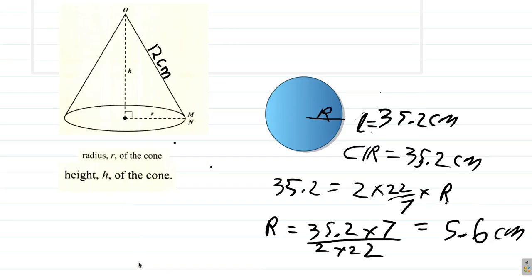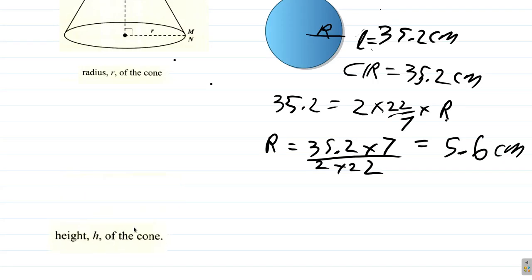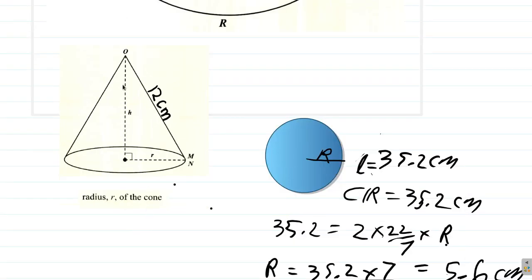Alright, so let's drag this height down. The height of the cone. Well, guess what? This here now is 5.6. So we have a triangle. Let's redraw that triangle down there.